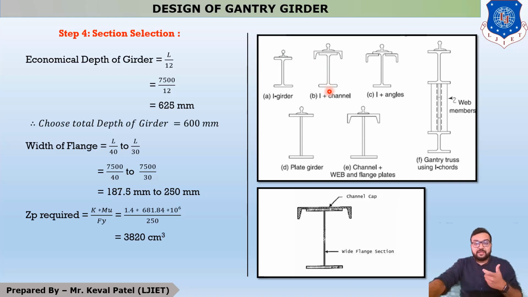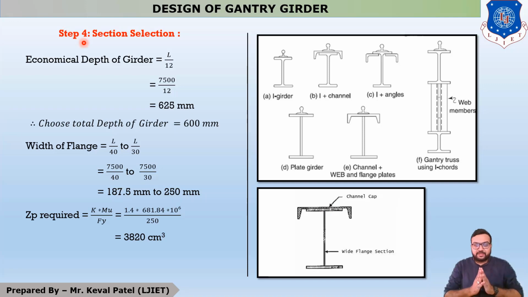This is your second, I plus C, girder plus channel plus crane rail. This is I plus angle. So now in this example, we have to provide I plus channel section. Okay. So now let us start our step number 4, which is section selection.